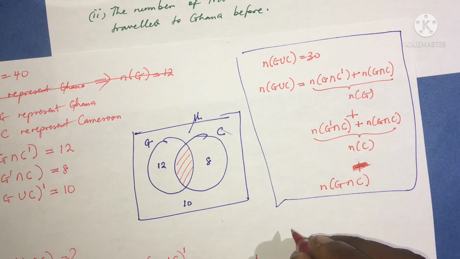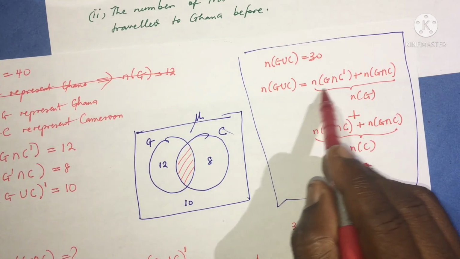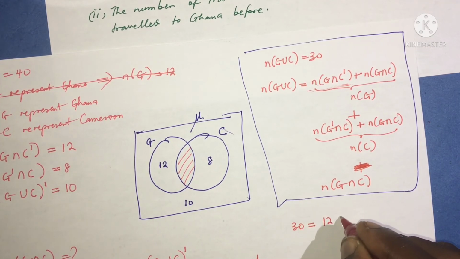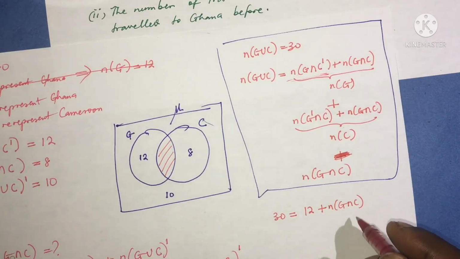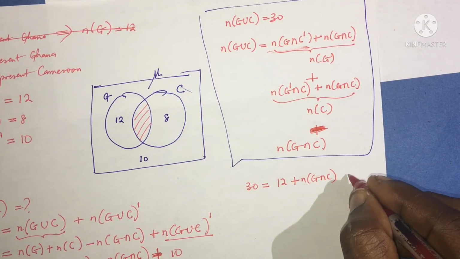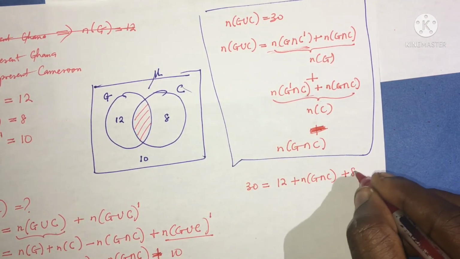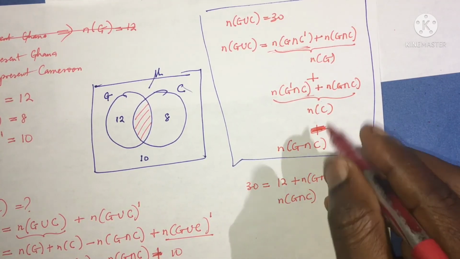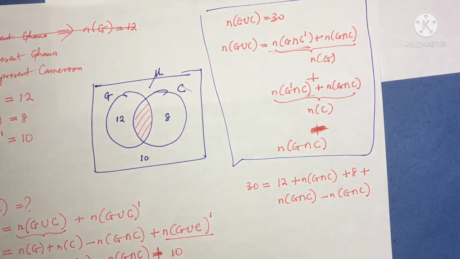It will mean that n(G union C), which is 30, will be equal to this, which we were given as 12, plus n(G intersection C) over there, then plus n(G prime intersection C), which we were given as 8, plus n(G intersection C), then minus n(G intersection C).